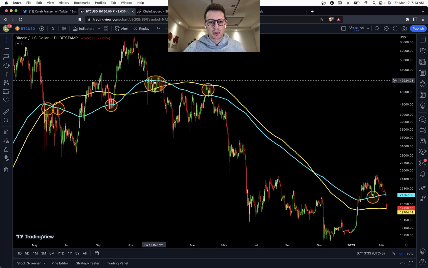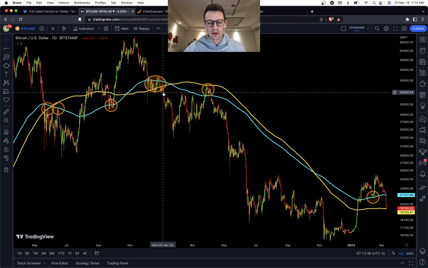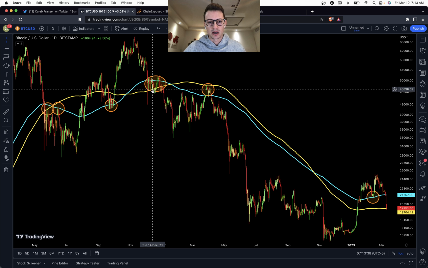We tried to use it as support, but we had a clear breakdown and failure there, which was really the start of the bear market. The breakdown occurred here at basically 46.7 thousand, right? Going back in time, a lot of crypto investors would have loved to have sold their Bitcoin exposure at 46.7 thousand. Obviously, hindsight is 2020, but this continues to highlight why this is an important level, because that really was when the bear market officially started.